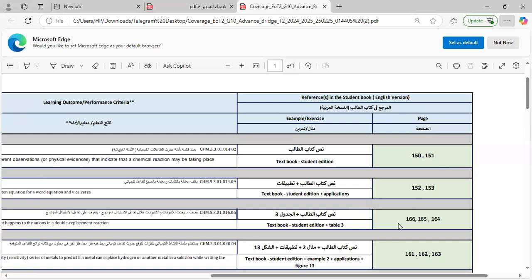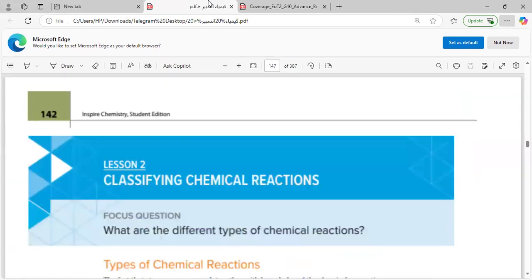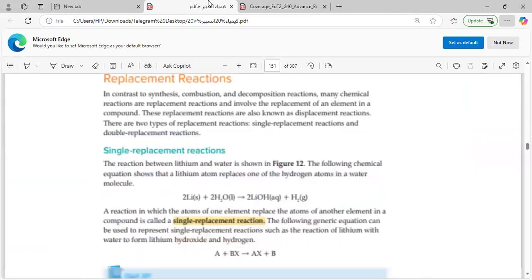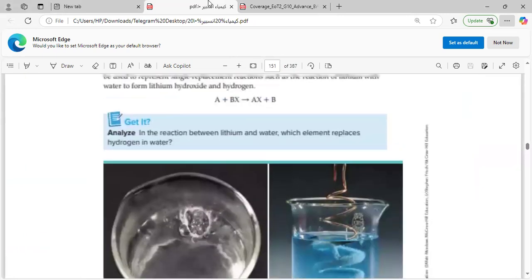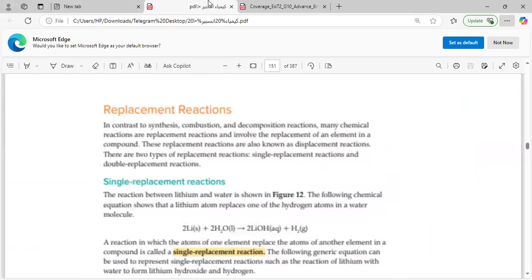We have two types of replacement: double replacement and single replacement. Focus. The first one is single replacement, where one element changes places with another one.